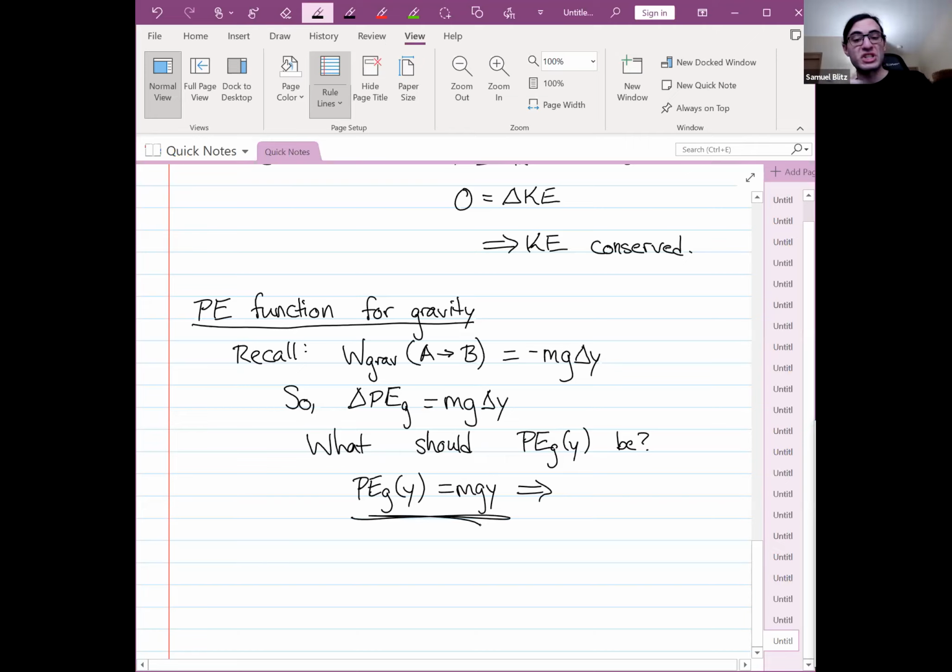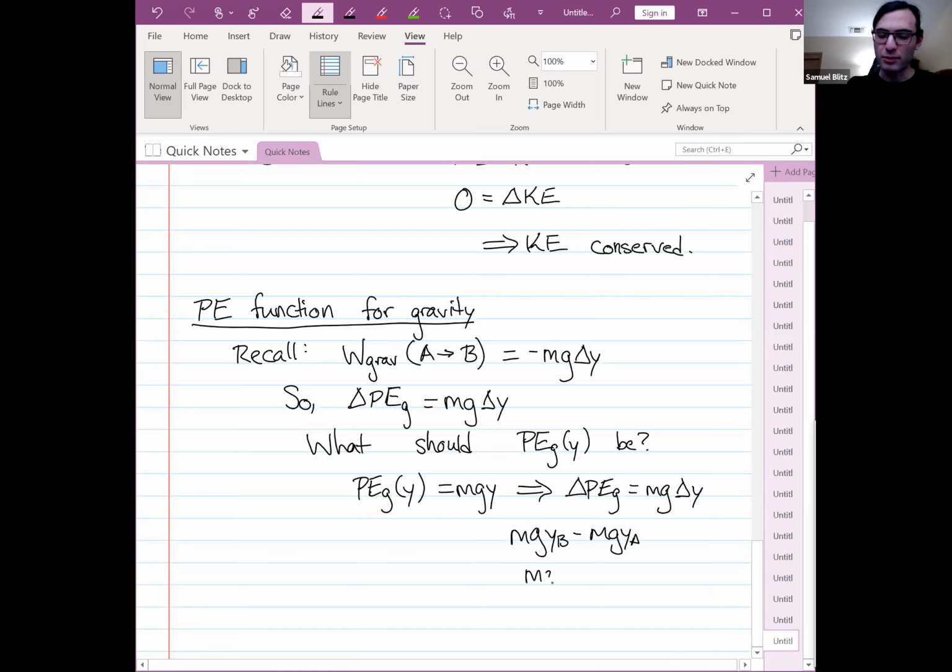Now what happens if we take the difference between two potential energies at two different places? Then the change in potential energy due to gravity is mg delta y, because you could factor out the mg, right? It would be mg yb minus mg ya, and so this becomes mg (yb minus ya), which is mg delta y. So that's a way to check that this potential energy works.